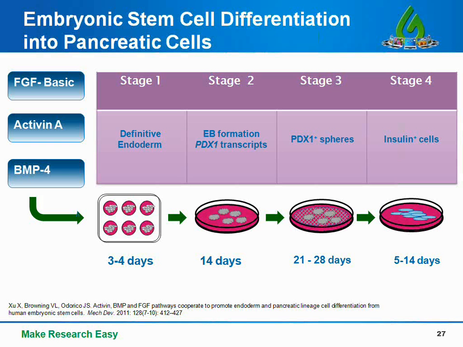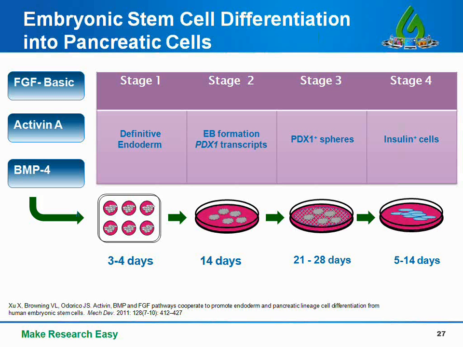Now, the embryoid bodies were then isolated and cultured in Matrigel supplemented with serum-free media containing insulin, transferrin, selenium, FGF7, nicotinamide, and islet neogenesis-associated peptide, as well as exendin-4, which is a long-acting GLP-1 agonist.